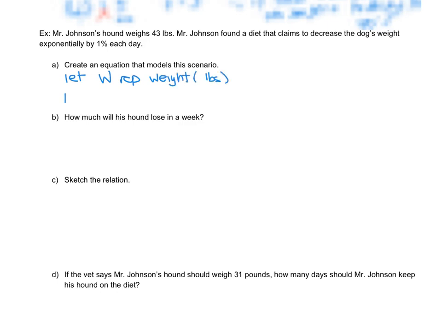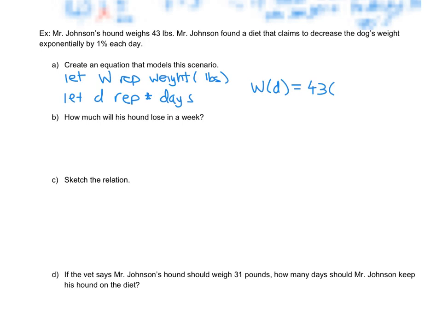And we can use D for days. Let D represent number of days. It doesn't always have to be T for time, whatever you'd like. So we have W at D. The initial weight is 43, and it is decreasing by 1%.